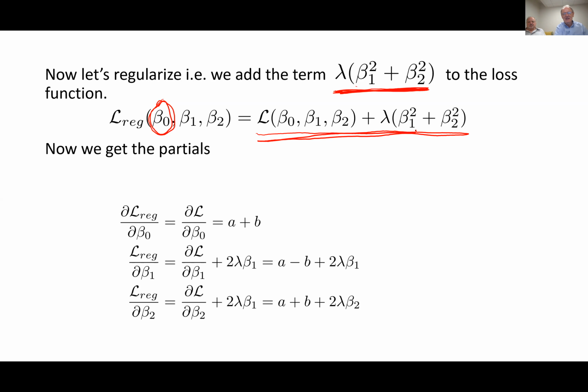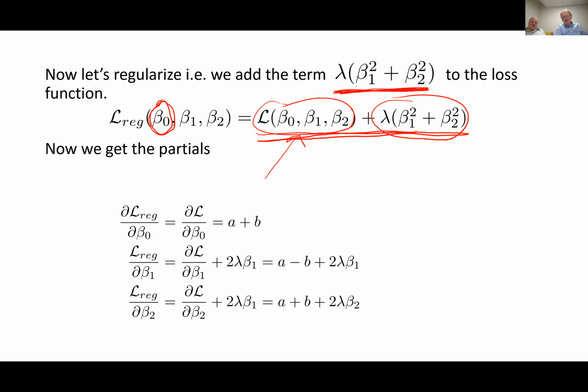So we've added this term here, and let's see what happens if we try to minimize this one instead. We couldn't minimize the previous one alone. Now we added this term, and let's see if we can minimize that. I have a question. In the regularization term, why is beta 0 not there? Why is it a function of only beta 1 and beta 2? You can do it, but it's common not to regularize over beta 0.